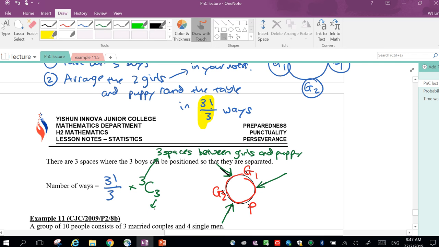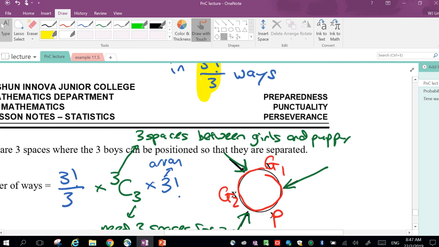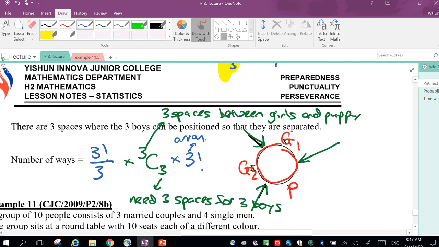Choose 3 because you need 3 spaces for 3 boys. Then times 3 factorial, to arrange the 3 boys. I'm zooming bigger for you all to see.